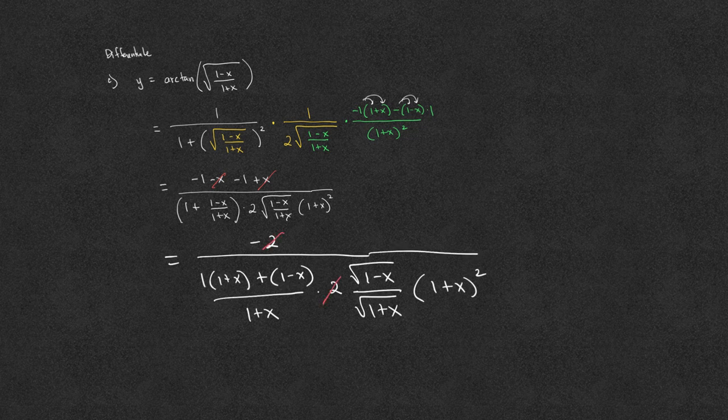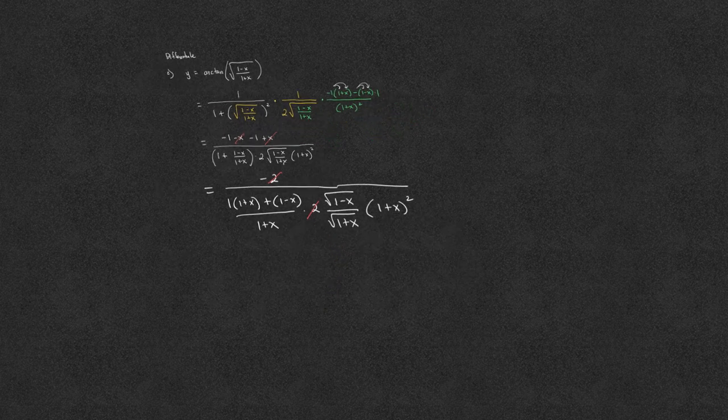The 2 and the 2 cancel out. Negative 2 over 2 is negative 1. And so this is negative 1 over 1 plus x plus 1 minus x, which is now 1 plus 1, which is 2. x minus x is gone.